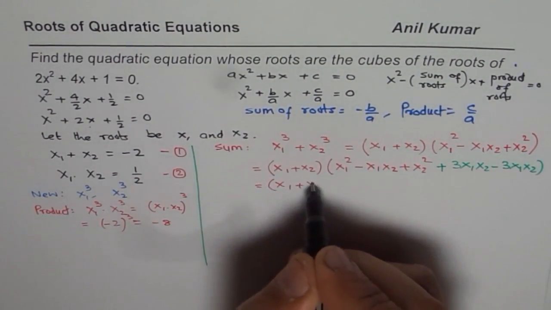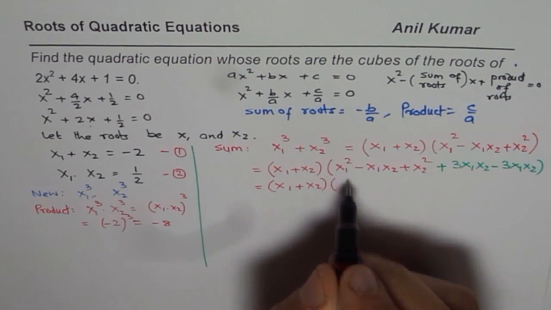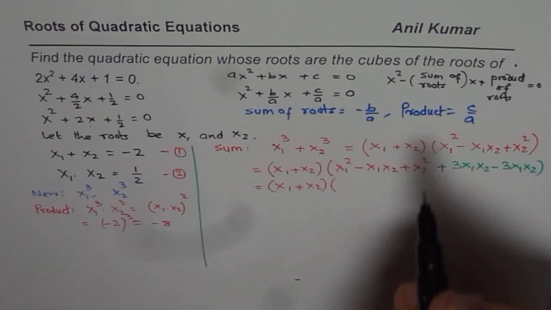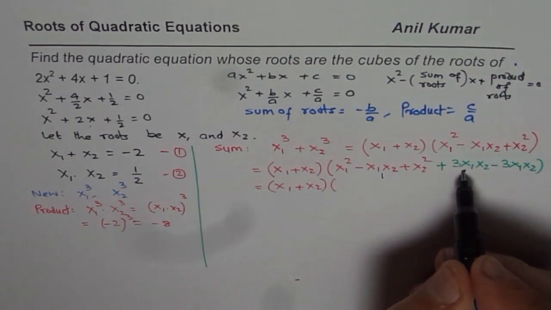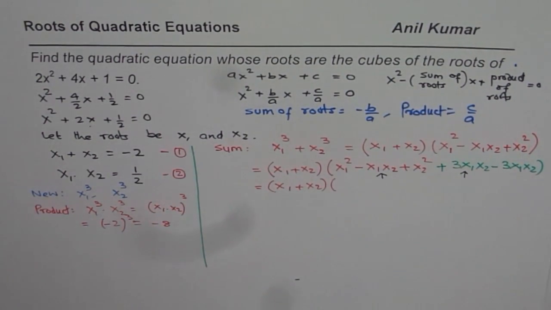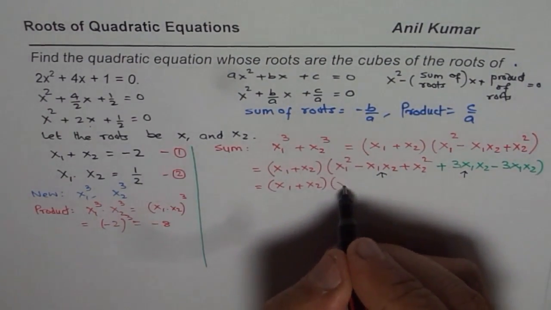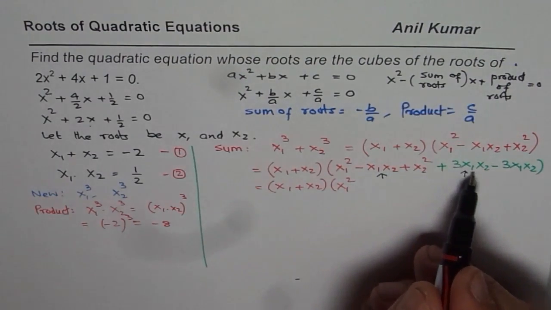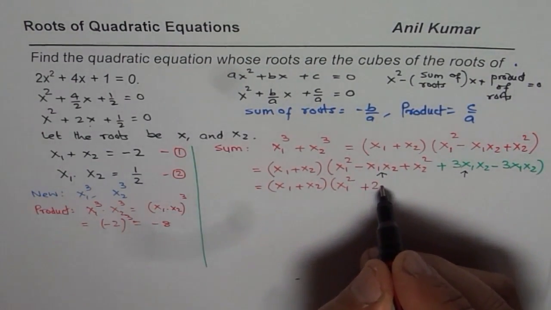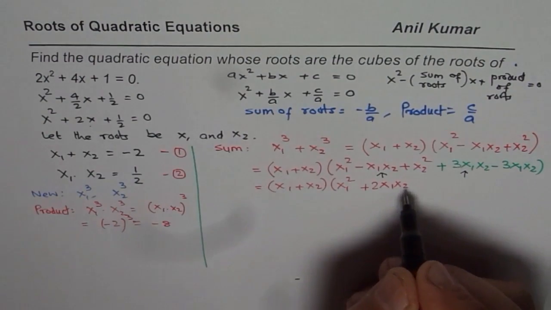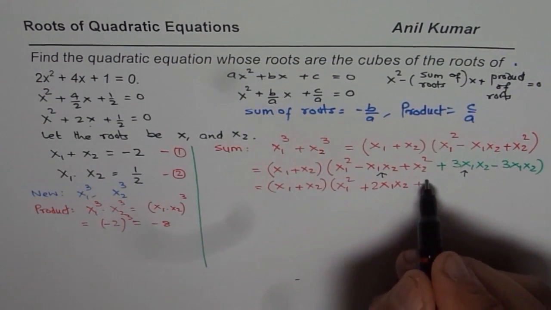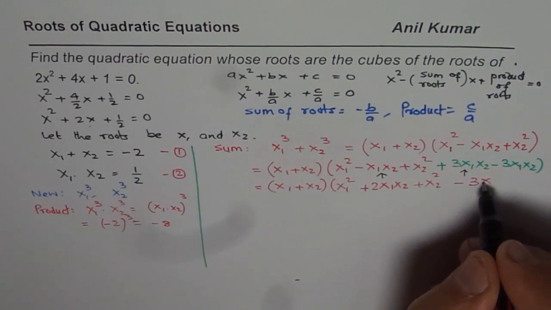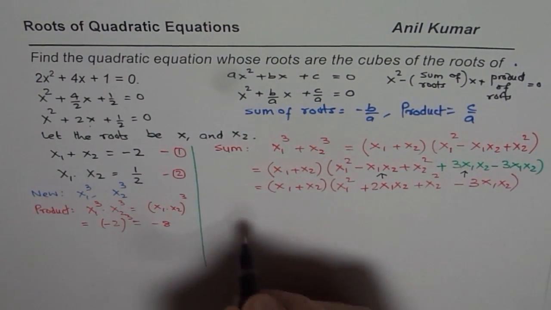See how? So now we'll combine these terms. If I combine these two terms, I get x1 square minus x1 x2 plus 3 times x1 x2 gives us 2 times x1 x2, correct? And then we have plus x2 square minus 3 times x1 x2.